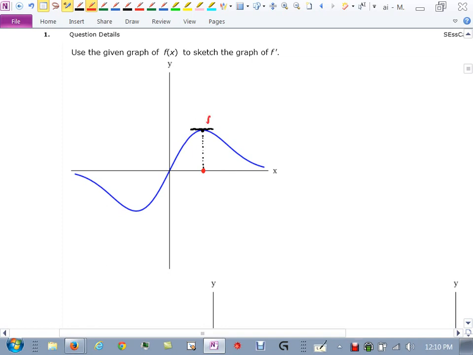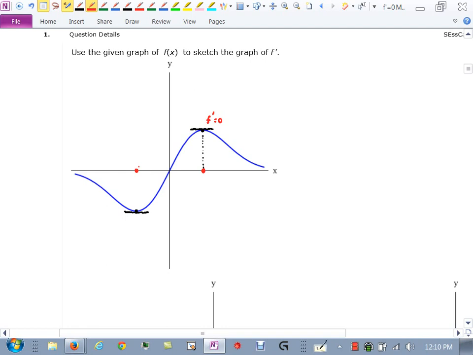Another important point I can see is this one here. The slope of the tangent line there is also 0, so I can put a 0 here.